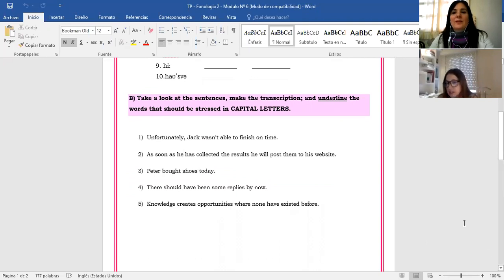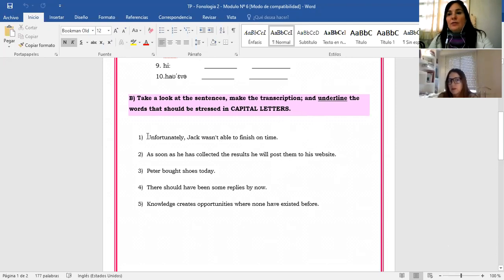Wasn't able to finish on time. But I don't know if I have to underline just two words, the two principal words, or all the words that should be stressed. All the words. Okay. Remember the patterns? Do you remember the sentence patterns? Okay, like that. The words that should be stressed.